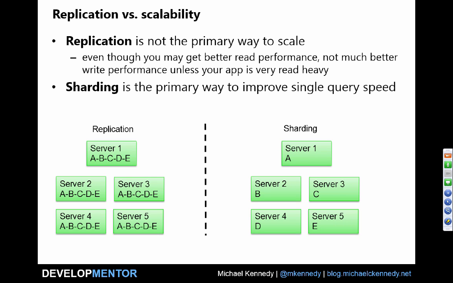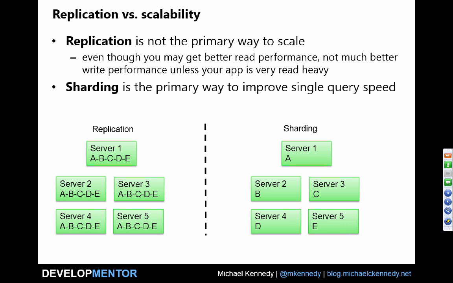Okay, so on one hand, you can think about sharding as a way to maybe improve a single query, make it faster, right? So if I've got a question I'm trying to answer, like a big data question or analytics or something, and it takes me 30 seconds to answer that question, there's no way replication is going to make that better for the most part.